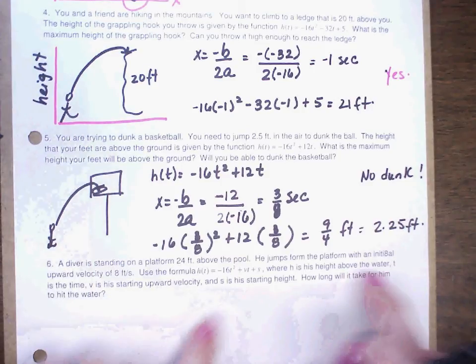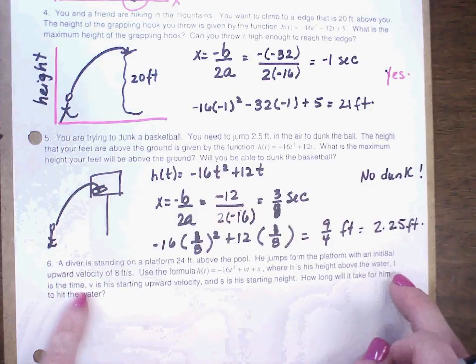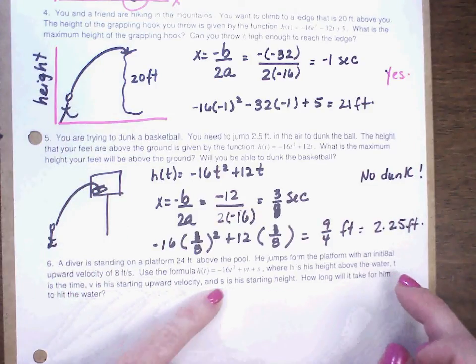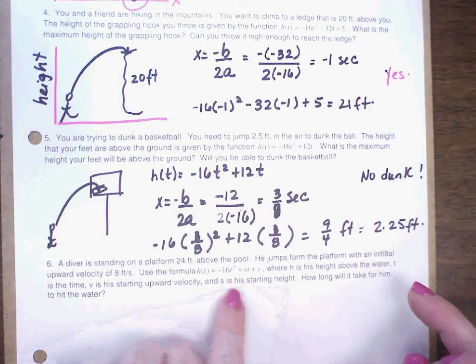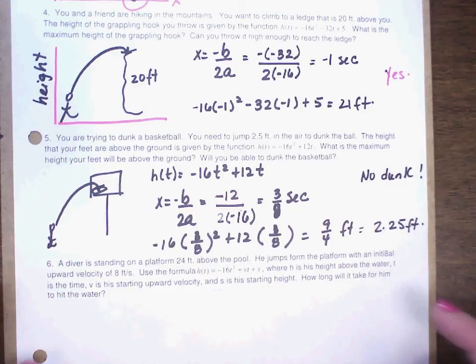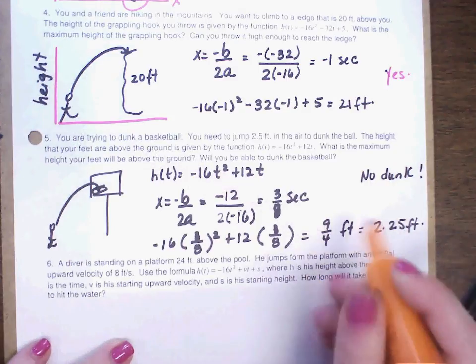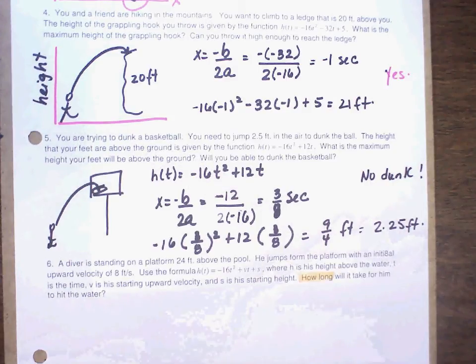T is the time, v is the starting upward velocity, and s is the starting height, right? That would be my starting height. How long will it take for him to hit the water? That will be time, so that will be x. Very good. I'm looking for x. Okay, so let's do this. This is the water.